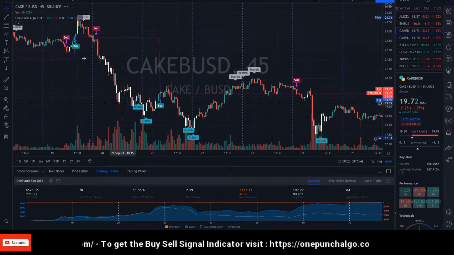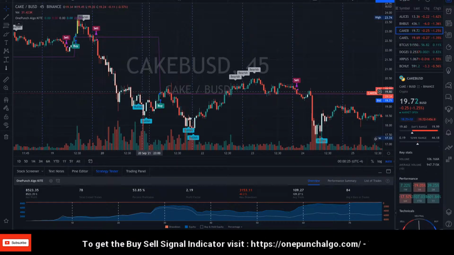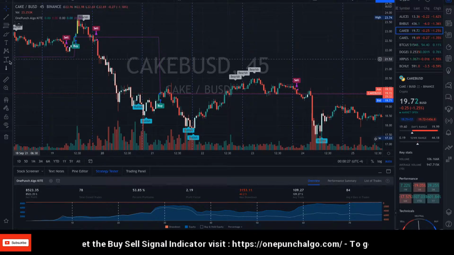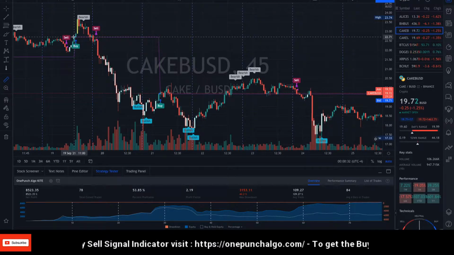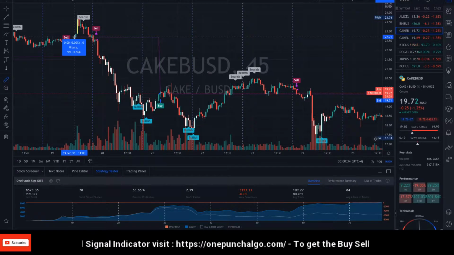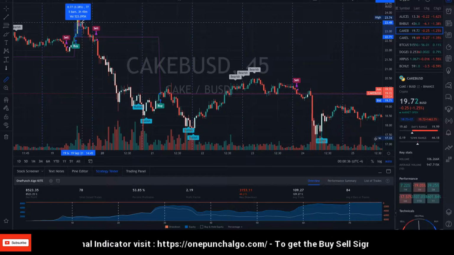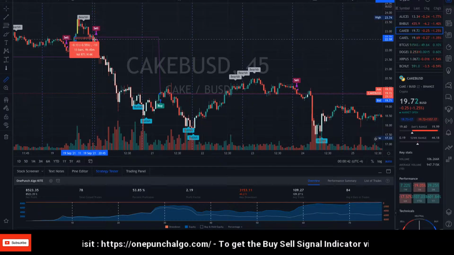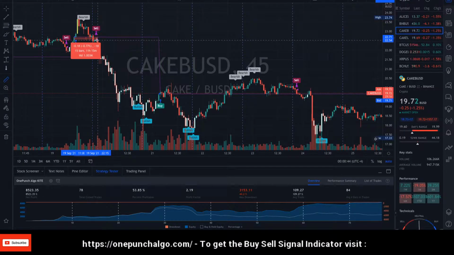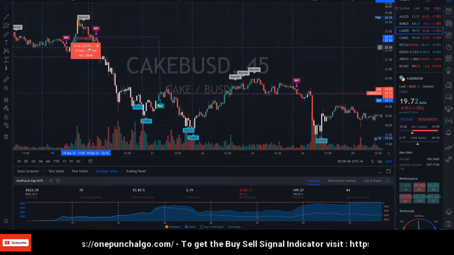So let's take this market crash that happened in September. OnePunch ALGO is showing a buy signal here and then a bearish signal here. You can decide if you want to sell, but let's say you hold on to it or wait for the sell signal, so you lose 0.77.